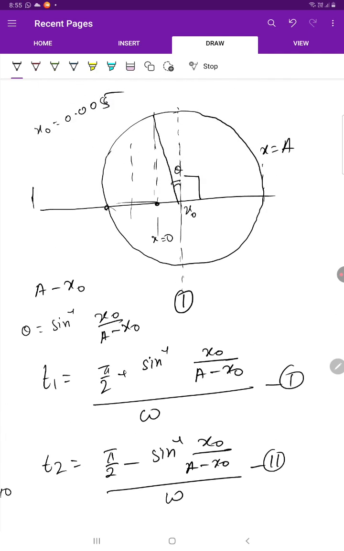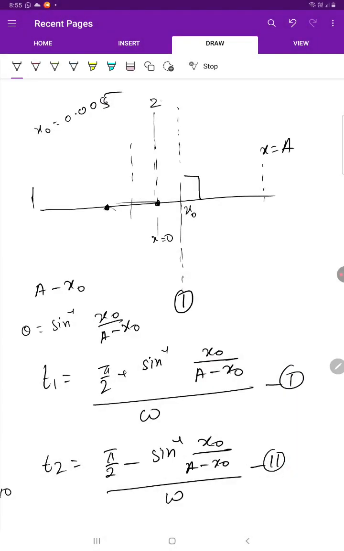Now the block has reached here, that is the most compressed state. Now there will be a switch in the mean position. Basically the mean position will be the second line. This is the first line as I said. Here is the second line, and in this case the amplitude will be a minus 2x naught.